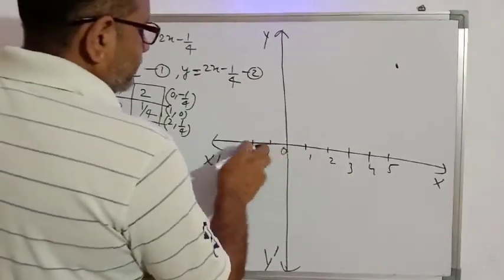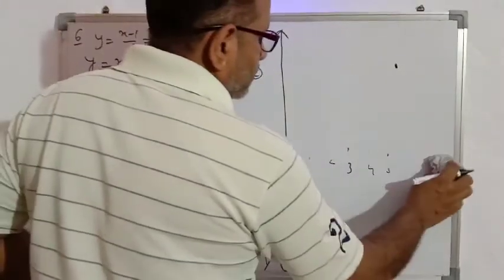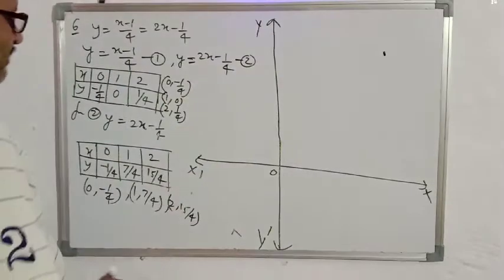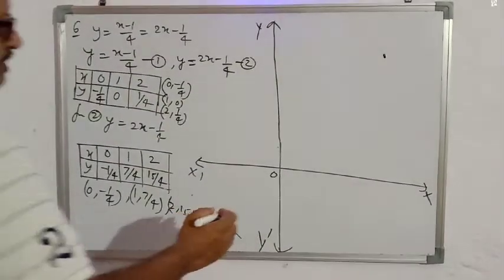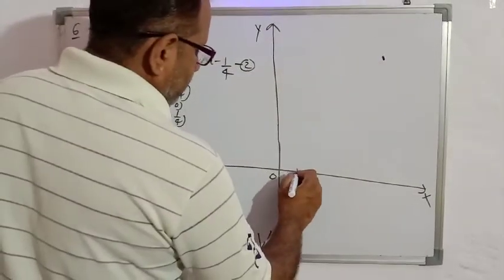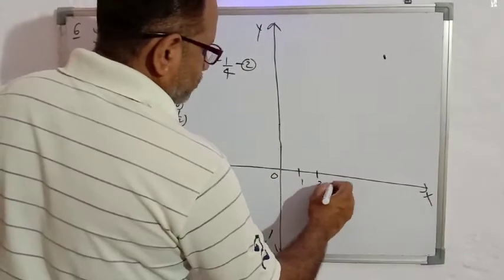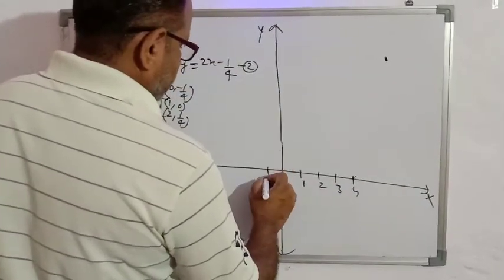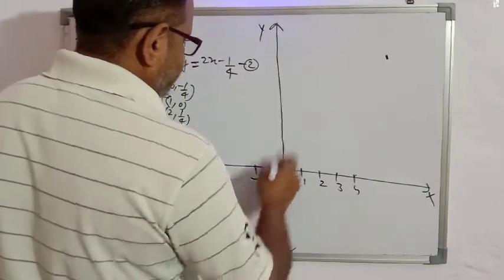Draw the x-axis and y-axis. On x-axis we will mark 1, 2, 3, this side minus 1, minus 2.